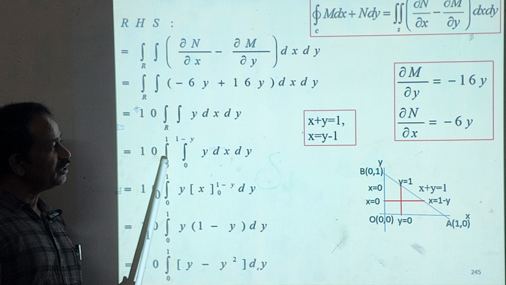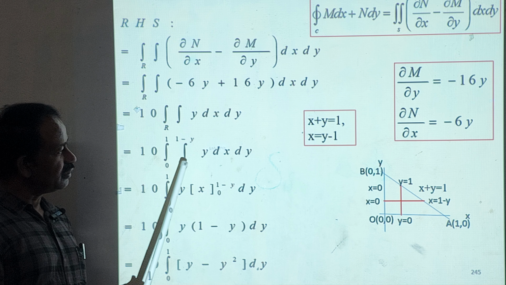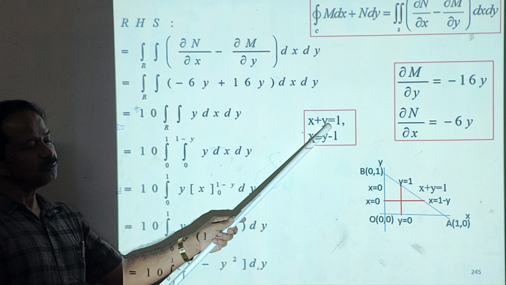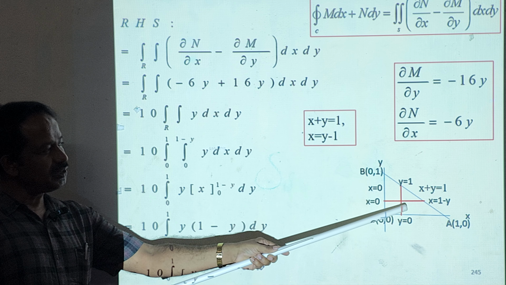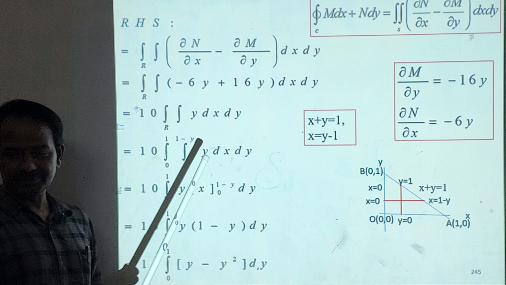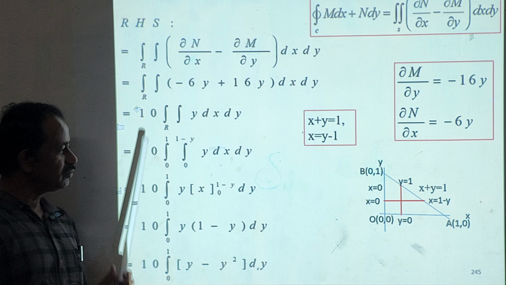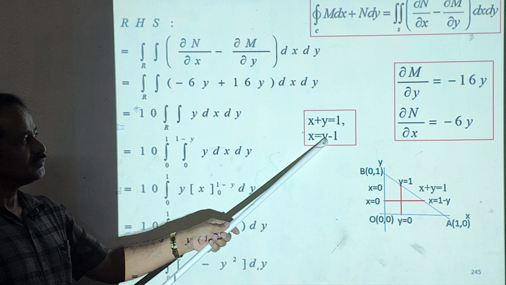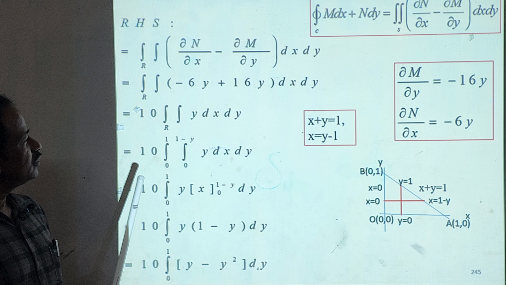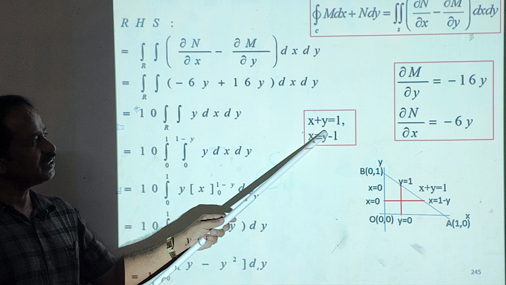So what are the limits? So limit, one is from 0 to 1, another one is from, see, x plus y equal to 1, it's given in the problem. So we have x equal to y minus 1, correct? That's a mistake here.